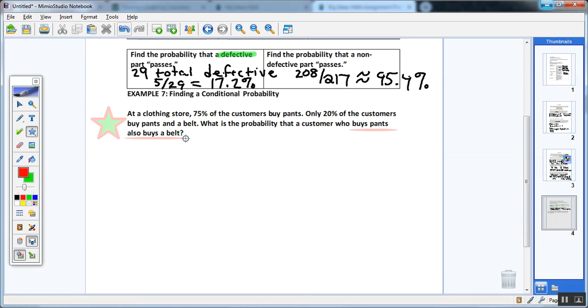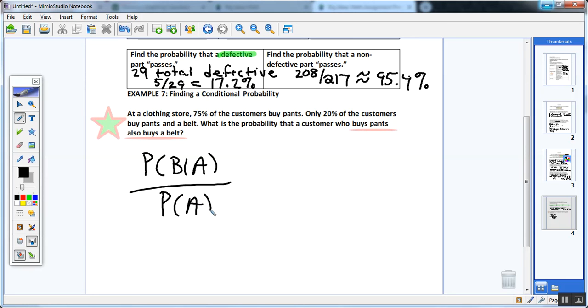It simply becomes this. It's basically saying it's the probability of B given A divided by the probability of A. Okay? So the probability of A is like what percent bought pants. And then the probability of B given A is the probability of people who already bought pants, what percent purchased a belt, right?